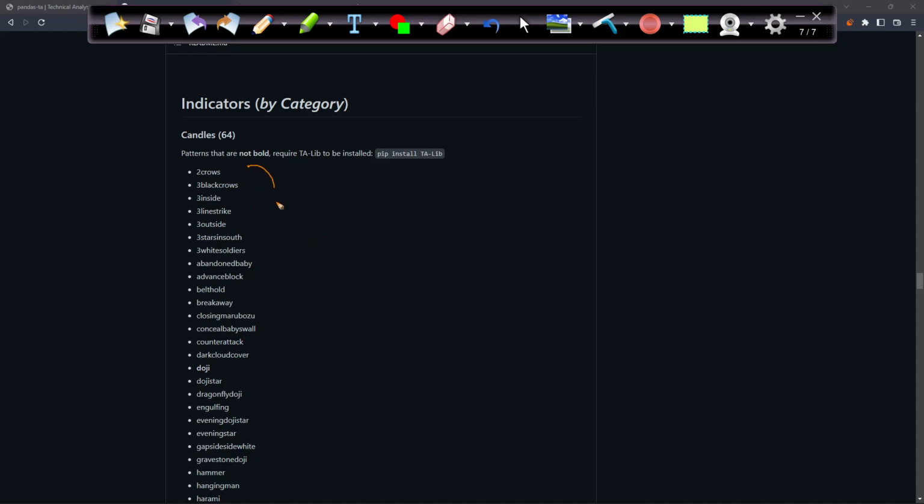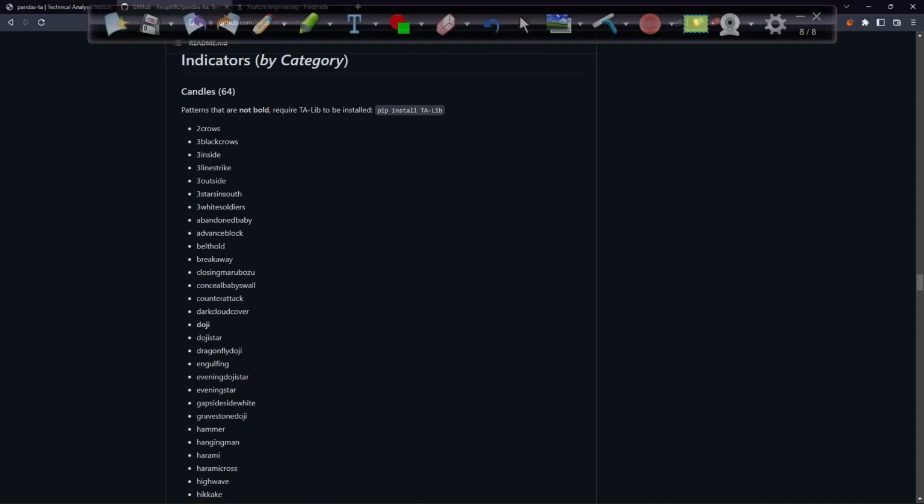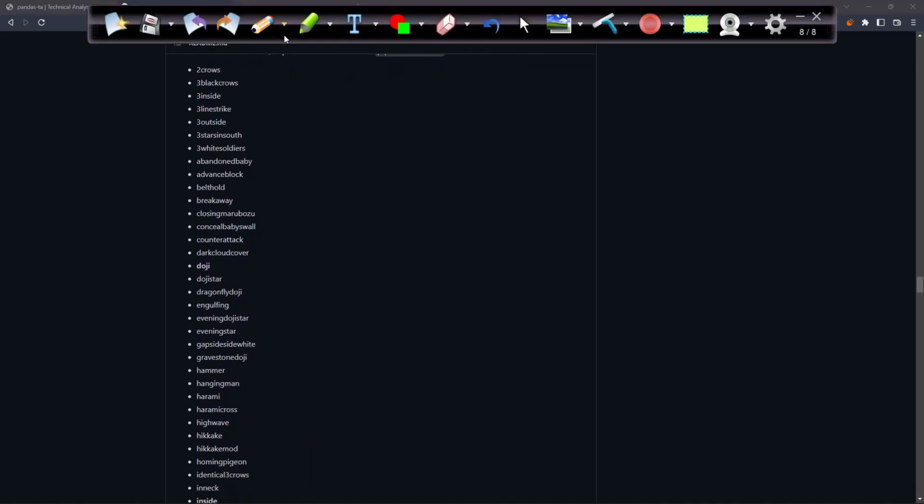And then we have all these other candlestick patterns which will be useful, because we want to give a machine learning model data or features where we have done our homework, meaning domain knowledge, right?